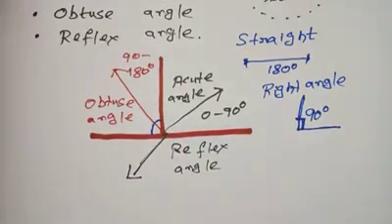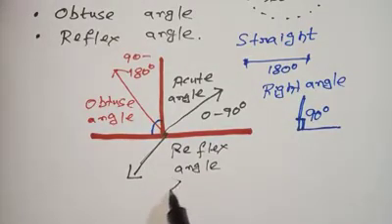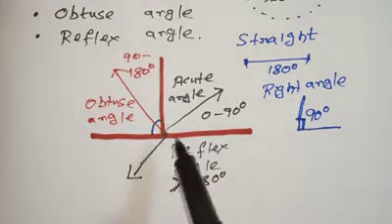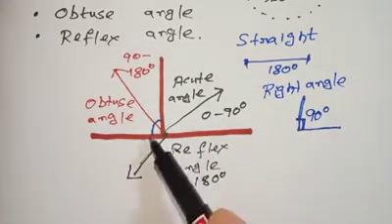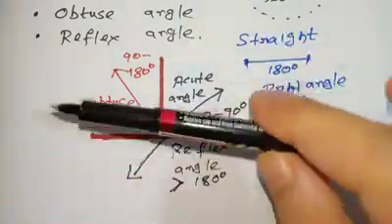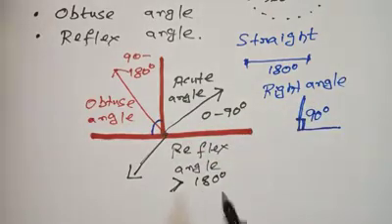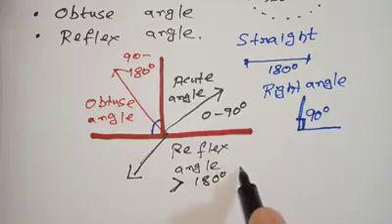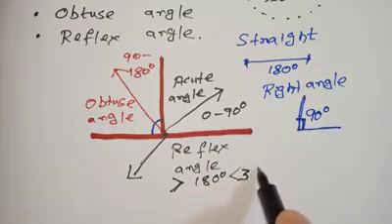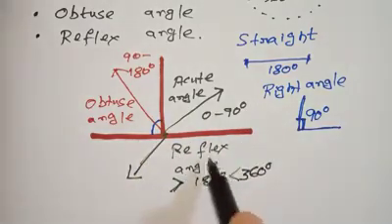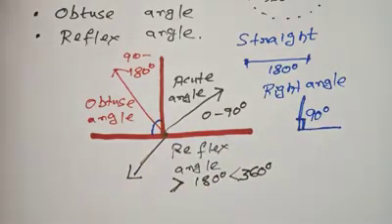A reflex angle is something which is more than 180 degrees, because here it is 180 degrees. Slowly this part is rotating. So from here, if you start rotating, it is more than 180 degrees, but obviously it has to be less than 360 degrees, because 360 degrees would be a complete rotation.